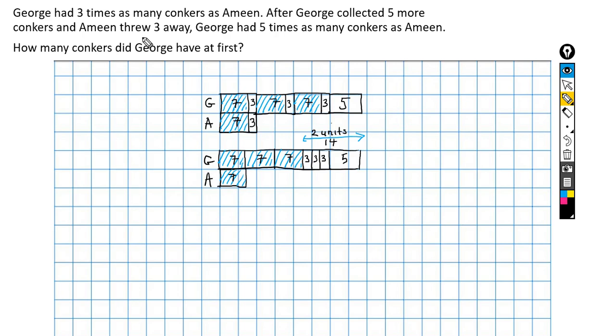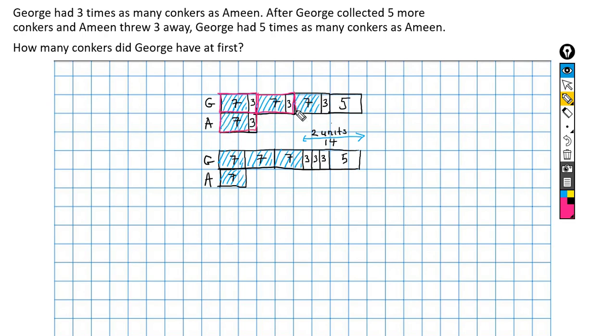Let's go back and see what the question was originally asking. It says, how many conkers did George have at first? Well, what did George have at first? He didn't have this 5, did he? But he had these 3 units, the 3 times what Ameen's original amount was.